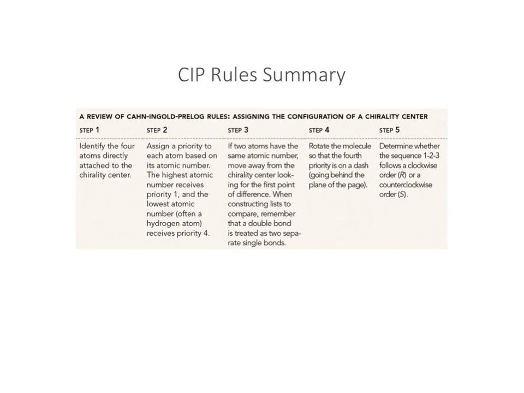Here's a summary of how to assign configuration of a chiral center. First, you identify the 4 atoms directly attached to the center. 2, you assign a priority to each atom based on its atomic number. The highest atomic number receives priority 1, and the lowest one receives priority 4. 3, if 2 atoms have the same atomic number, you move away from the chiral center looking for the first point of difference.